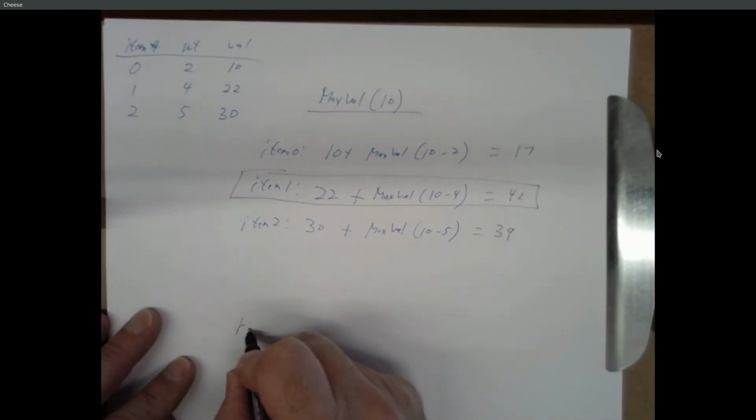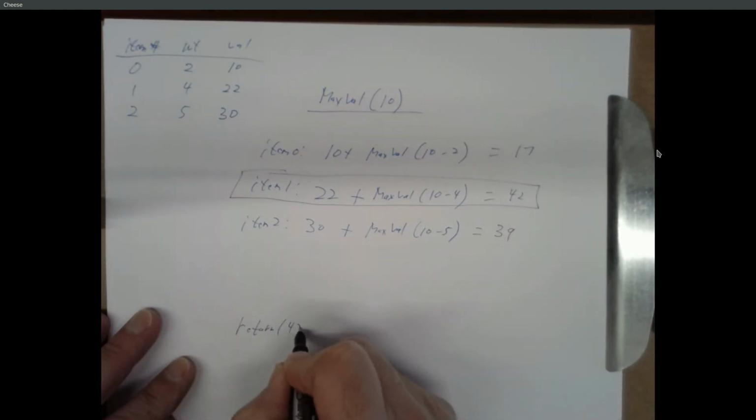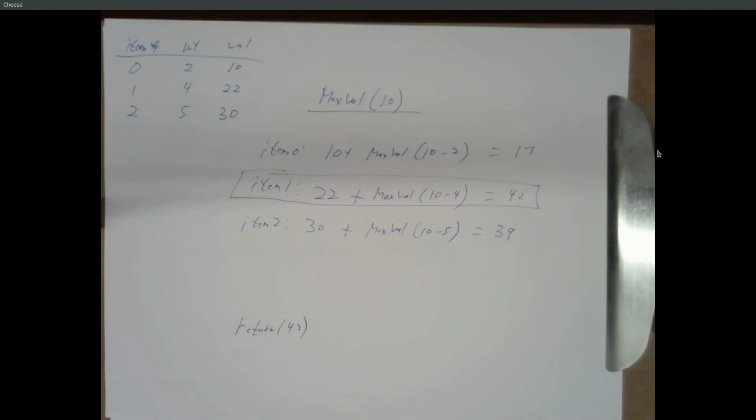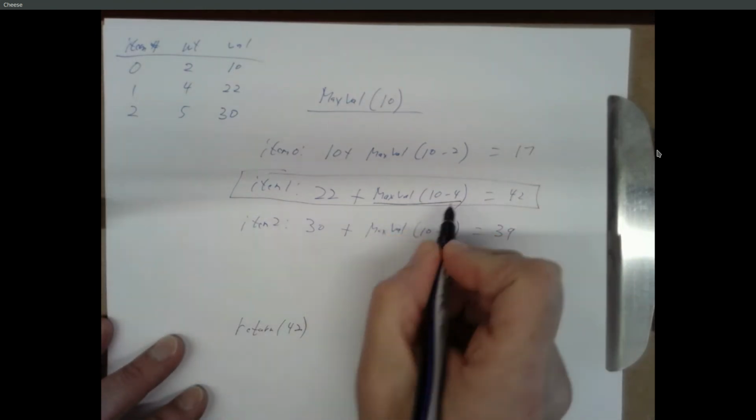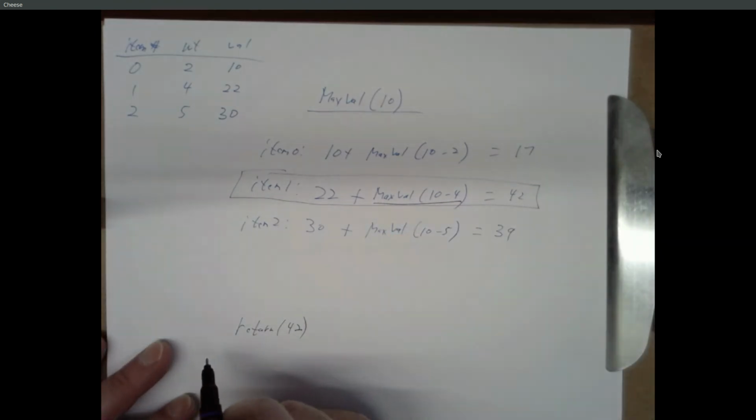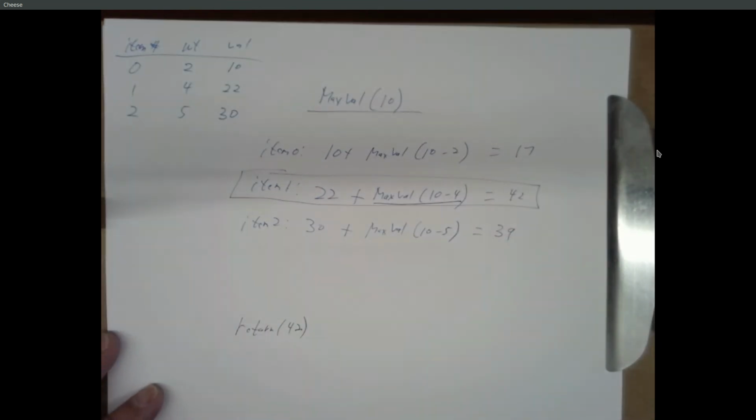So we want to return 42. But what can we say about the inventory of items that get us that? Whatever the inventory of items is that gave us max val of 6, if we add one more of item 1, that's the inventory that gives us max val of 10. Okay, that's the whole idea.